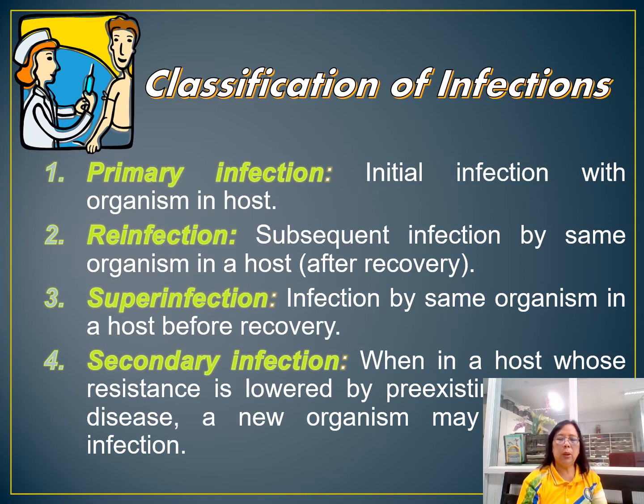And then you have also secondary infection. This happens when in a host, whose resistance is lowered by pre-existing diseases. So, for example, the person is suffering from influenza, and then here comes the opportunistic Mycobacterium tuberculosis. So instead of just simply plain flu from time to time, another microorganism comes in. So that is what you call secondary infection.